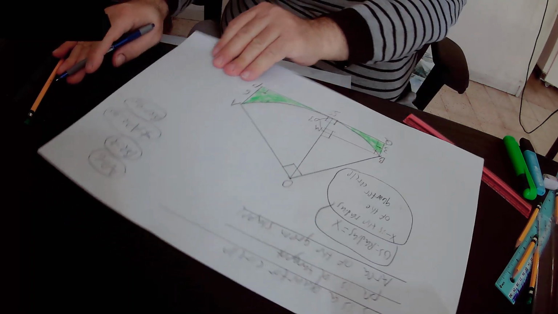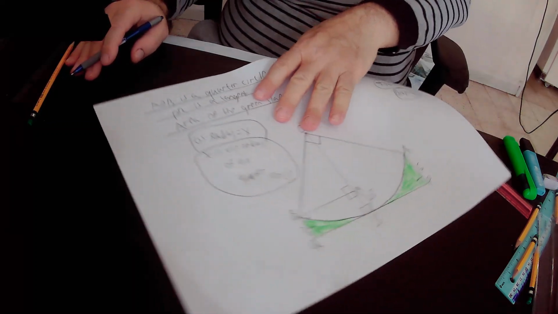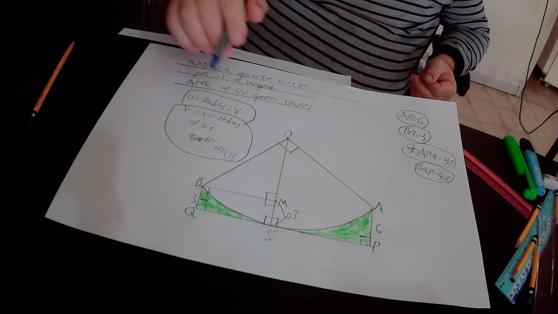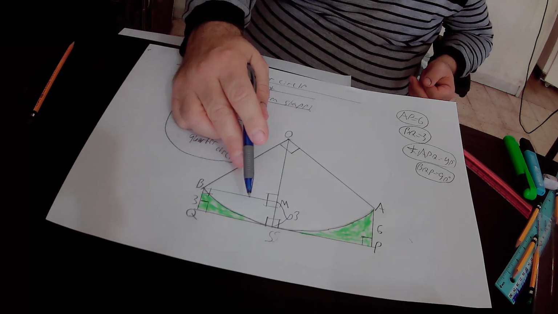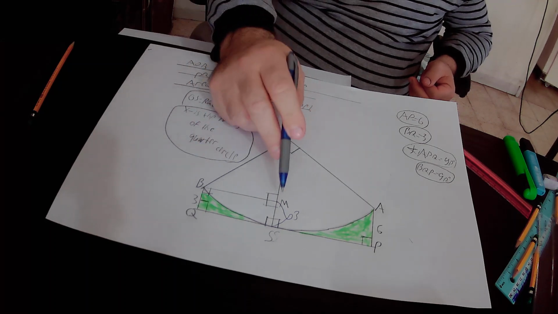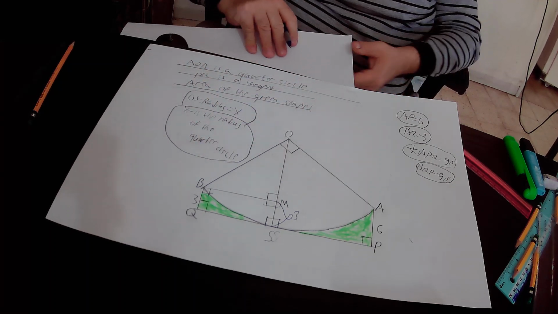And we also have the rule that the opposite sides of a rectangle are parallel to each other. So in rectangle BMQS, side BQ is parallel to side MS. So I write it down.